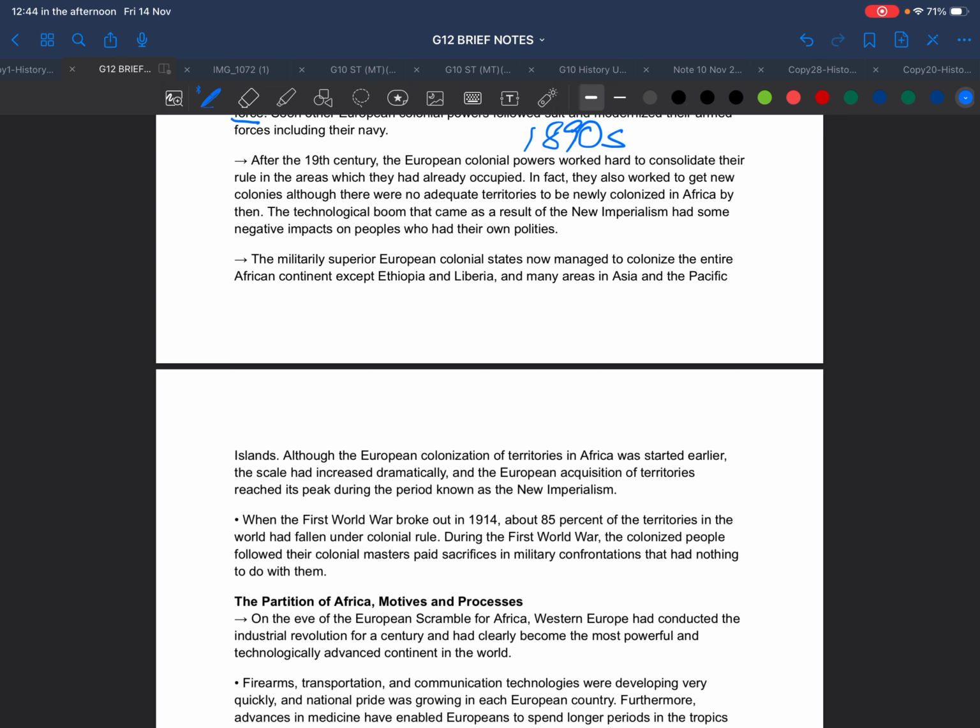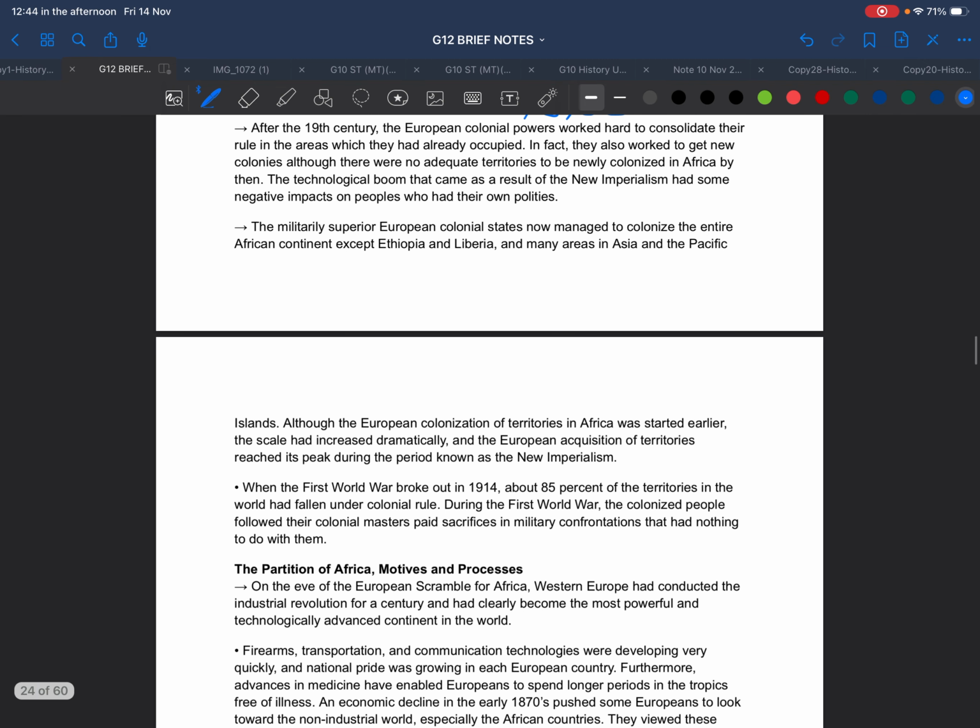They increased their control over the colonies they had already acquired. That means a technological boom, an unexpected development, an increase in technological gains that came as a result of the new imperialism, had some negative impacts on people who had their own polities, like African people.